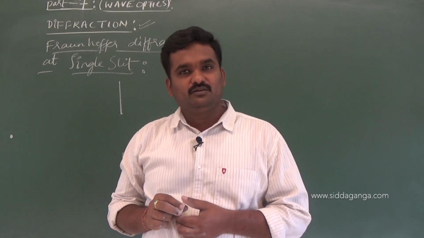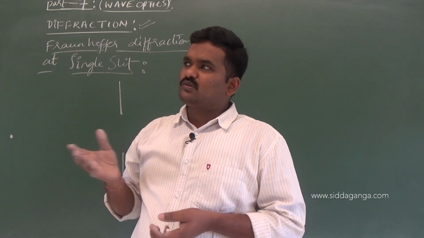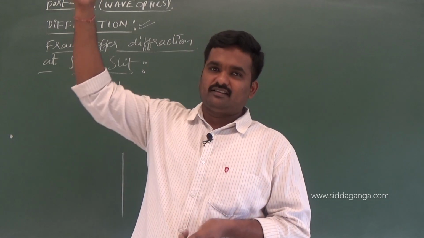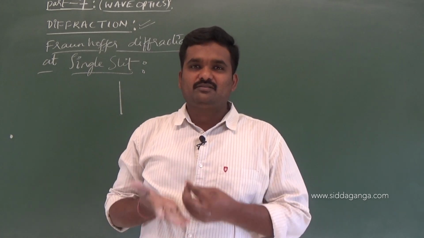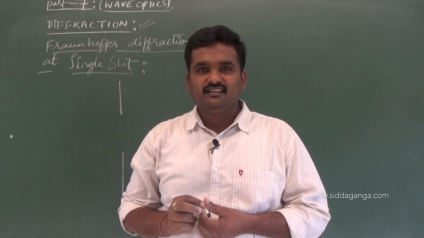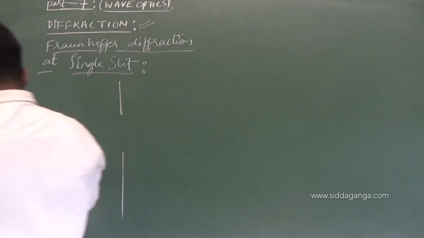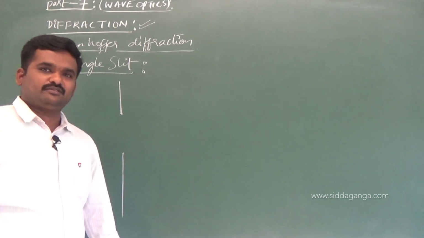So will you go and put a torchlight somewhere at infinite distance and analyze its characteristics? No. The available source at infinity for us is the Sun. That is the source of light we are going to consider.